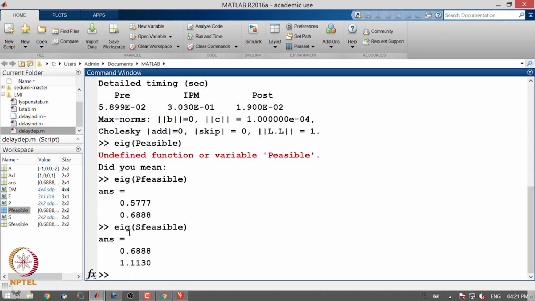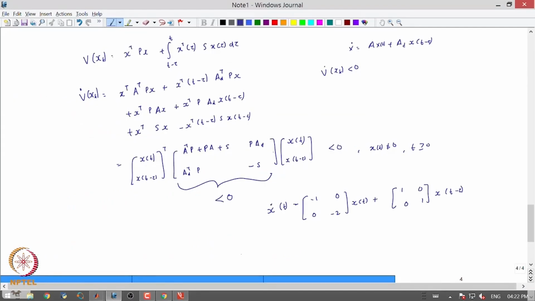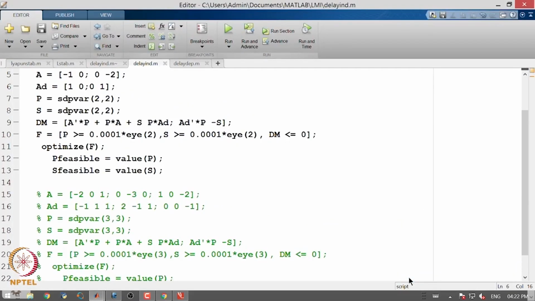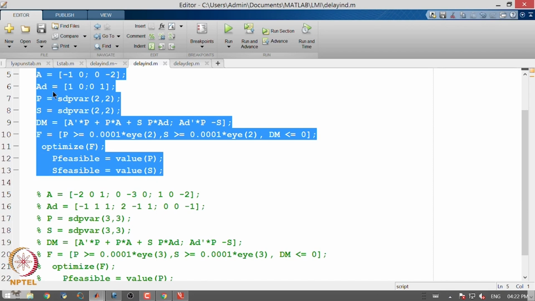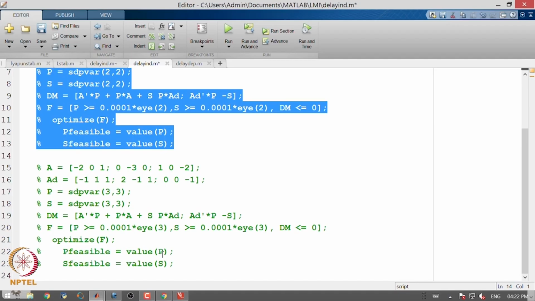So, this means that the system governed by this dynamics with this particular A and AD is stable independent of delays. Okay. Now let me do something else. So, just comment this out and go to some other example.